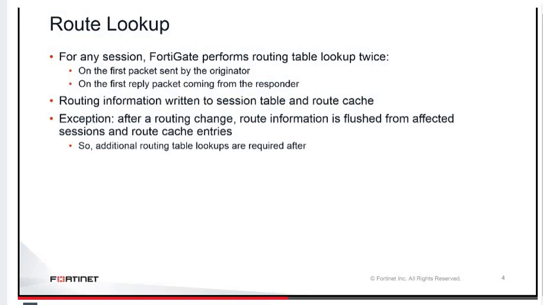After that, all the routing information is written in the FortiGate session table. However, after a change to the routing table, the route information is flushed from the affected entries in the session table. So FortiGate would perform additional routing table lookups in order to repopulate the session table with the new routing information.